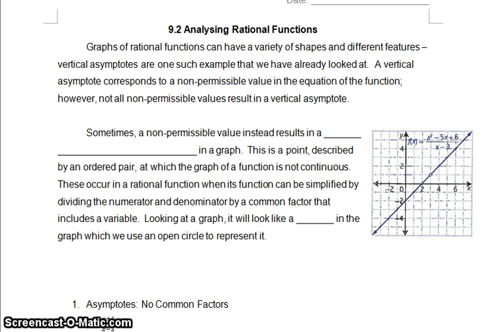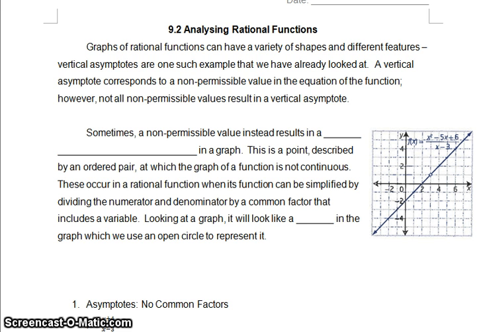One that we looked at last section was vertical asymptotes, and those correspond to a non-permissible value in the equation of the function. That's when your denominator is equal to 0. But not every non-permissible value will be a vertical asymptote.